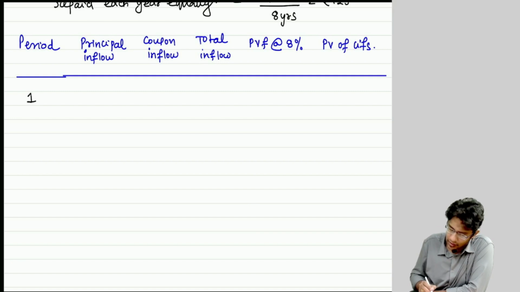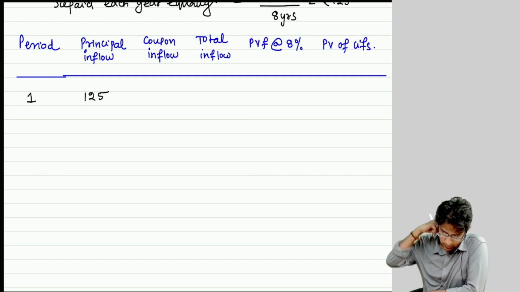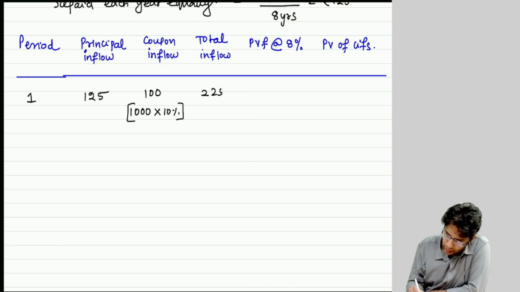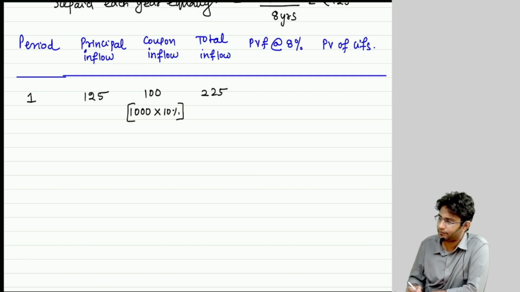So first year ending you will receive principal of 125. Coupon. Throughout the first year, how much is outstanding? 1000. On 1000 they will pay you coupon of 10%, which is 100. So total is 225.